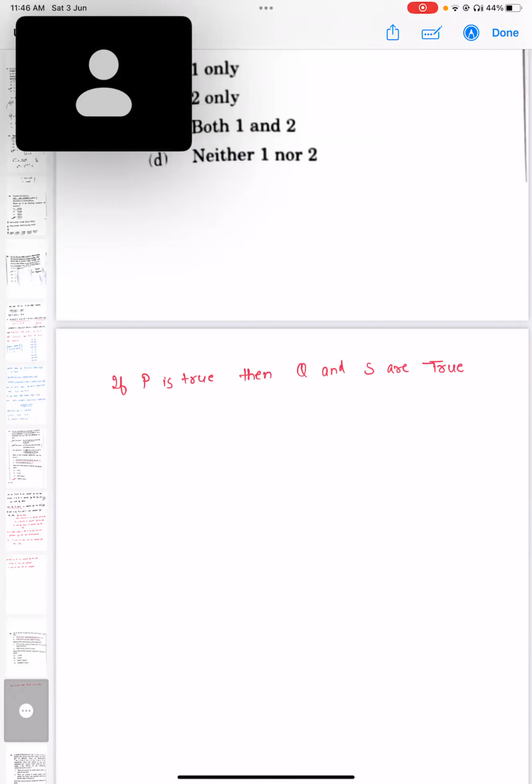See, that doesn't mean if Q and S are true, then P is true. The converse may not be true, right? But what this statement confirms is, if P is true, then Q and S must definitely hold, right?